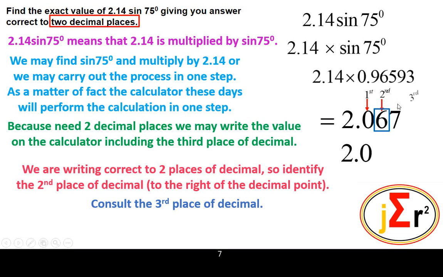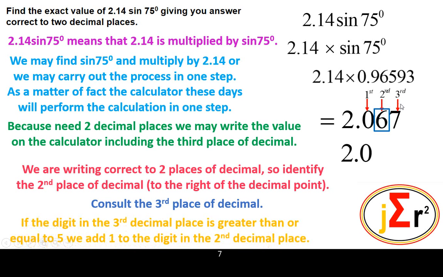Why do we need to do that? There we have the 3rd place of decimal. If the digit in the 3rd decimal place is greater than or equal to 5, we will add 1 to the digit in the 2nd decimal place. So we identify the second place of decimal because we are writing this number correct to 2 places of decimal.